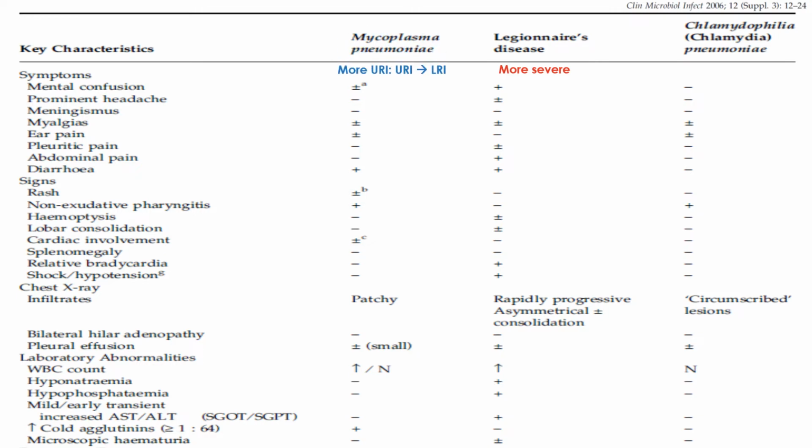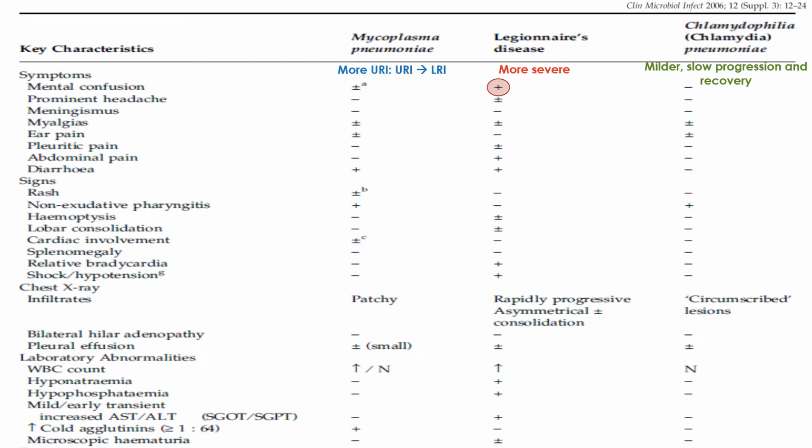In Mycoplasma, most patients have an upper respiratory infection first and then progress to pneumonia. Chlamydia pneumoniae is quite milder. Sometimes you think it's a common cold, but it has slow progression and recovery. Maybe the patient has a cough for many weeks or months.